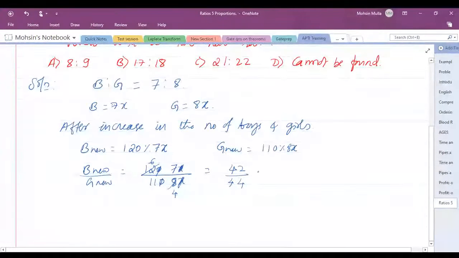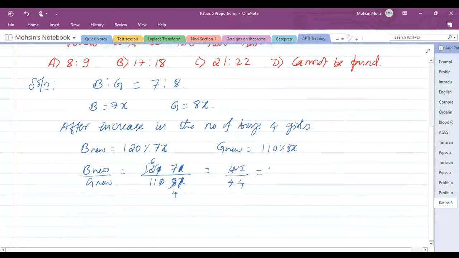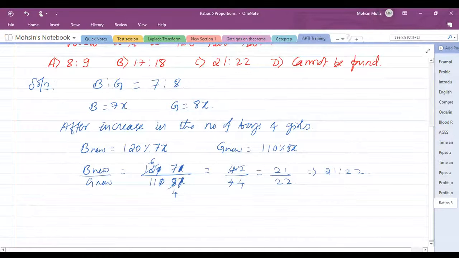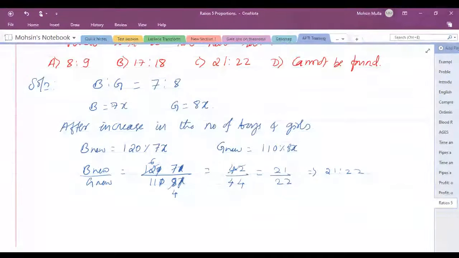This is also divisible by 2, so it will be 21 and 22. Therefore the new ratio is 21 is to 22. Understood the concept? Okay.